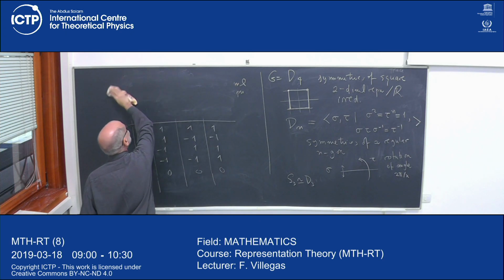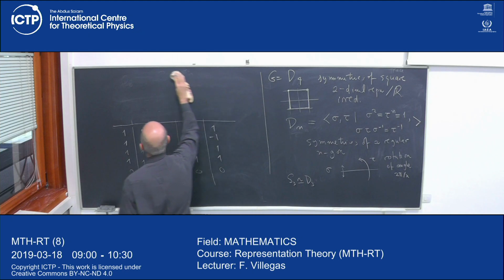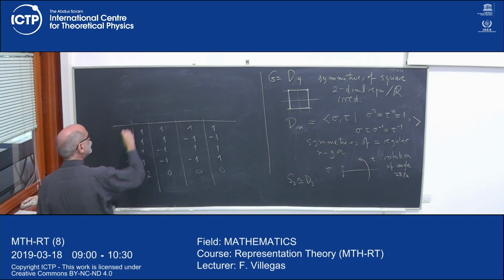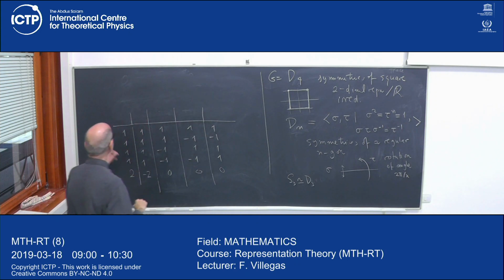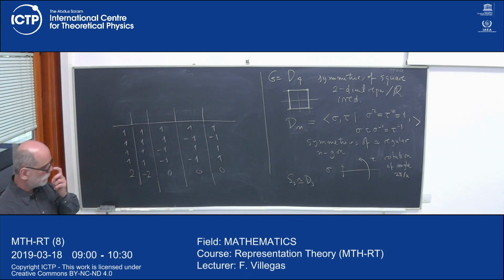So I want to keep the table, but for D4 we'll have the same table with different labels for the conjugacy classes.